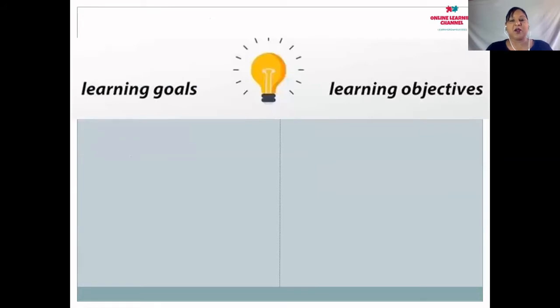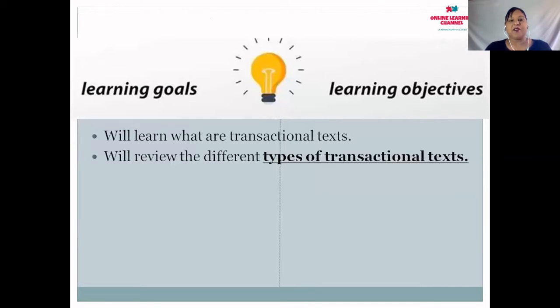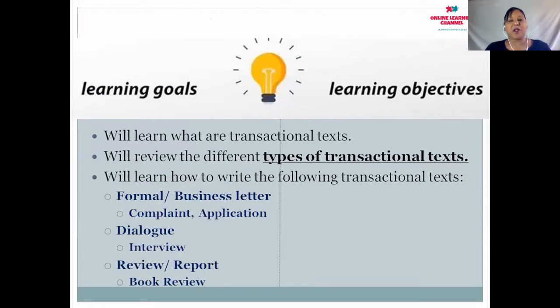So today's learning goals: we will learn what transactional texts are, review the different types of transactional texts, and learn how to write the following: a formal business letter, the different types, which is a complaint letter and the application letter, which is also known as the cover letter, very important, and your dialogue format, which you can also do as an interview, as well as your review report format, where you will be tested on the book review for that transactional text.